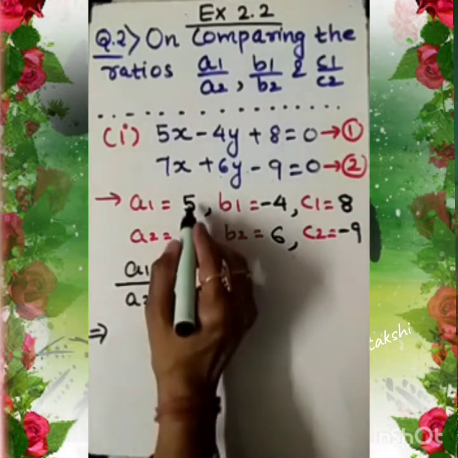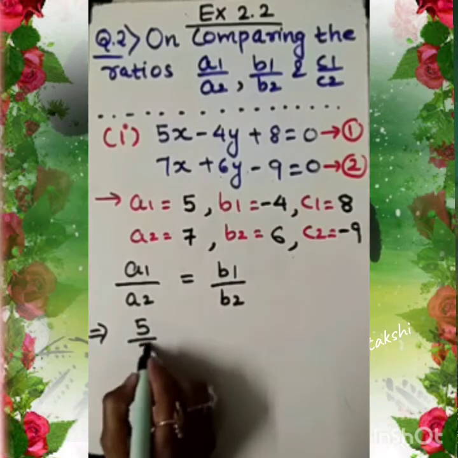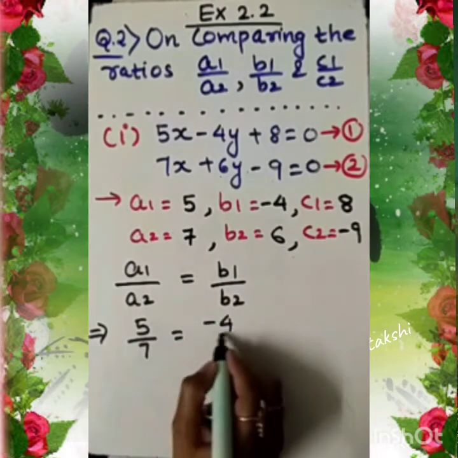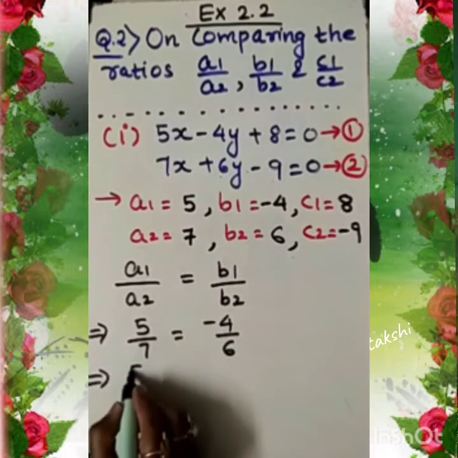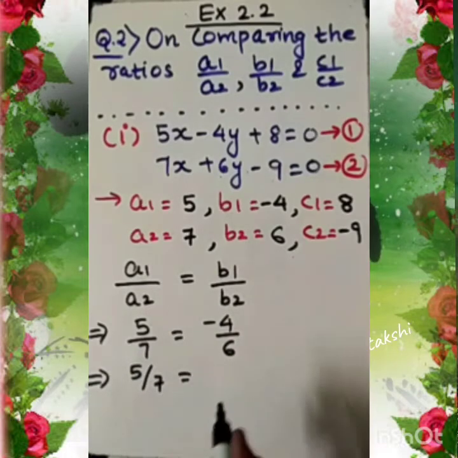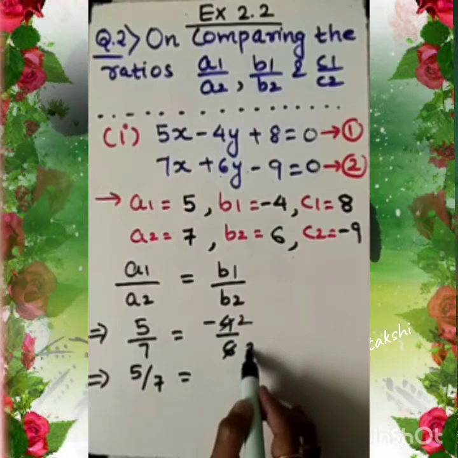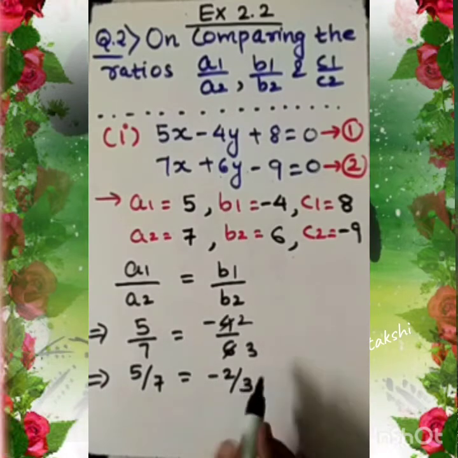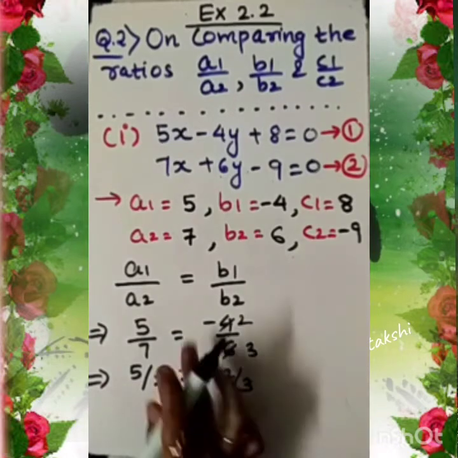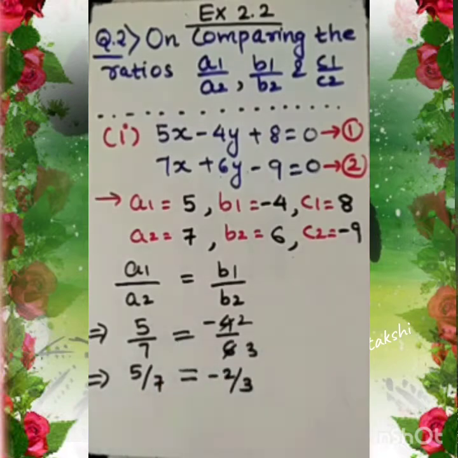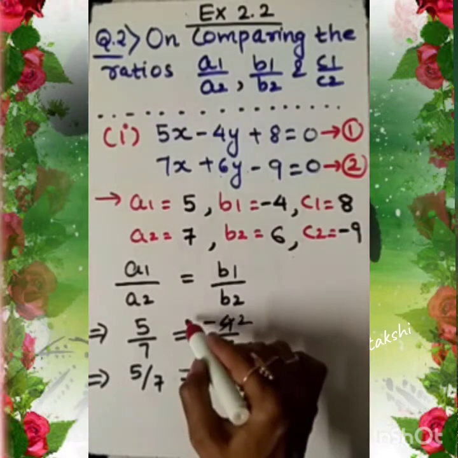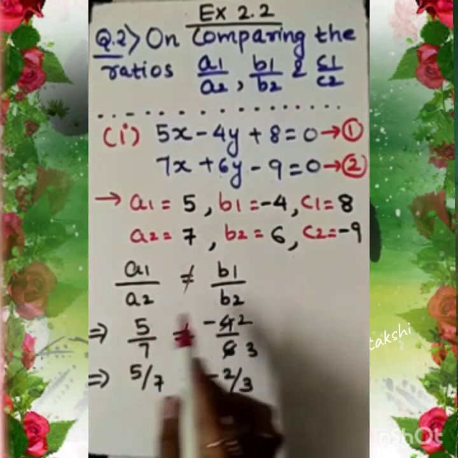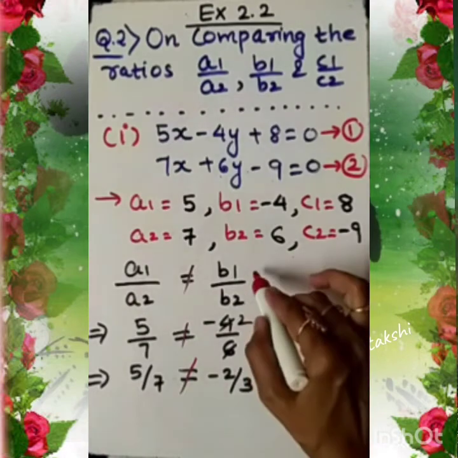So 5 by 7, and this is minus 4 by 6. Now if I simplify, this side is minus 2 by 3. Now observe both sides. Are they similar? No, they are not similar. It indicates that a1 by a2 is not equal to b1 by b2.